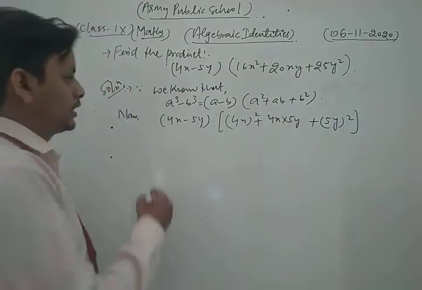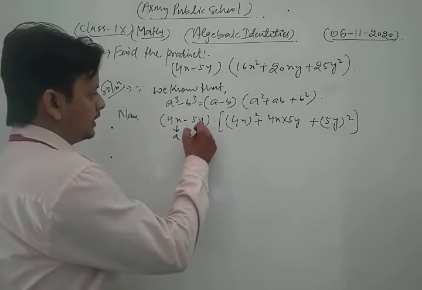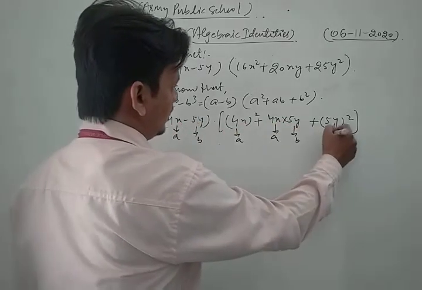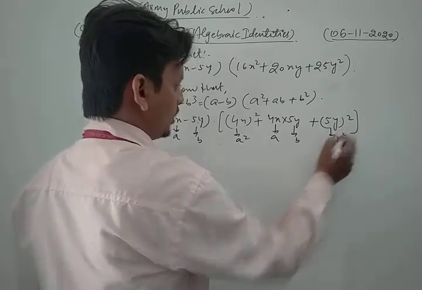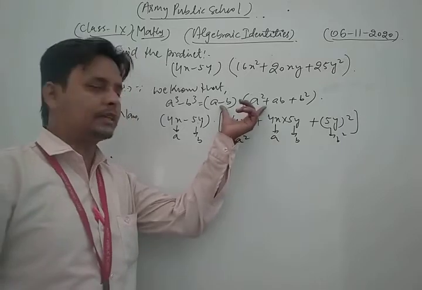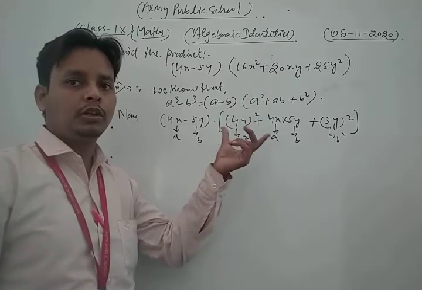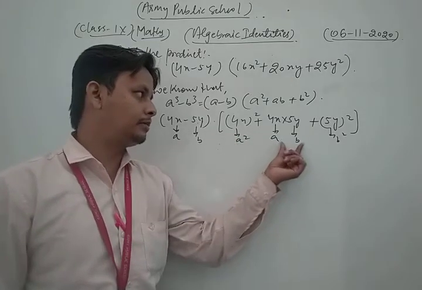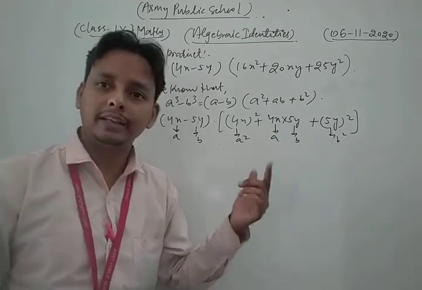Now look, suppose that this is the value of a, this is b, this is ab, and this is a square, this is b square. Now the given question is based on the same identity, a cube minus b cube. So we can write (a minus b) in one bracket and a square plus ab plus b square in another bracket as a cube minus b cube.